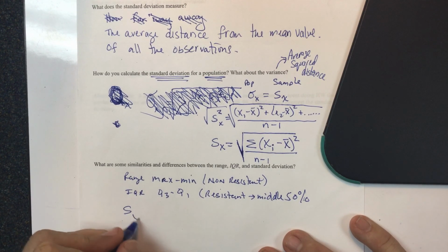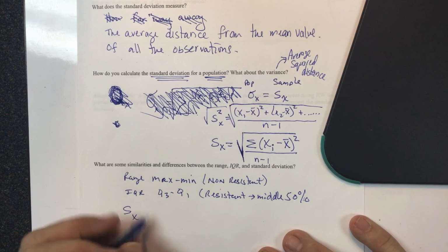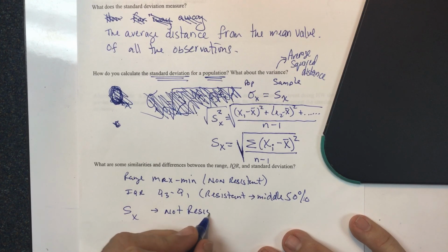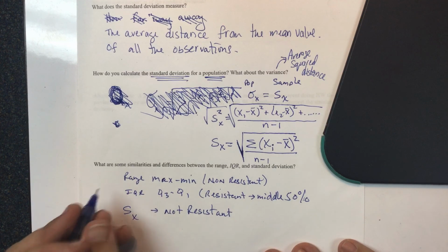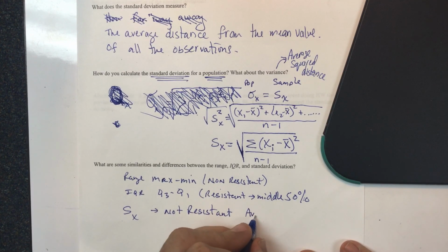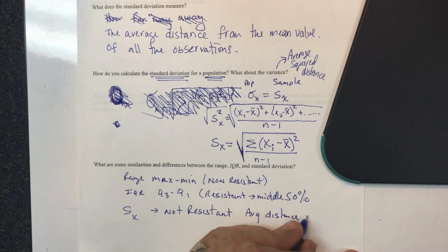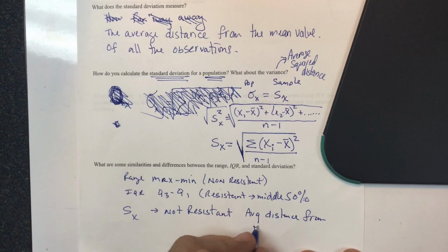And then your standard deviation is the formula you have there. It is not resistant, so big numbers will mess with it, just like mean. It's not resistant, and it is the average distance from the mean.